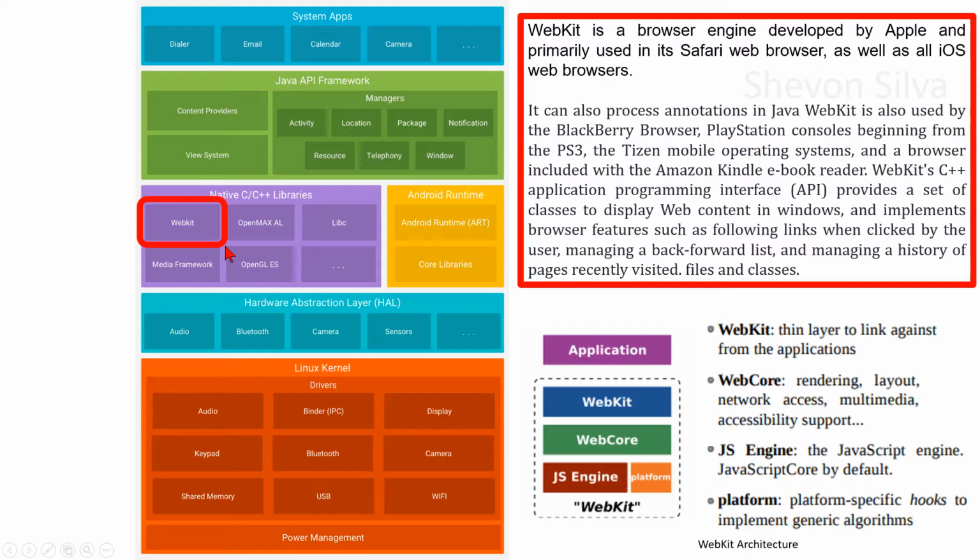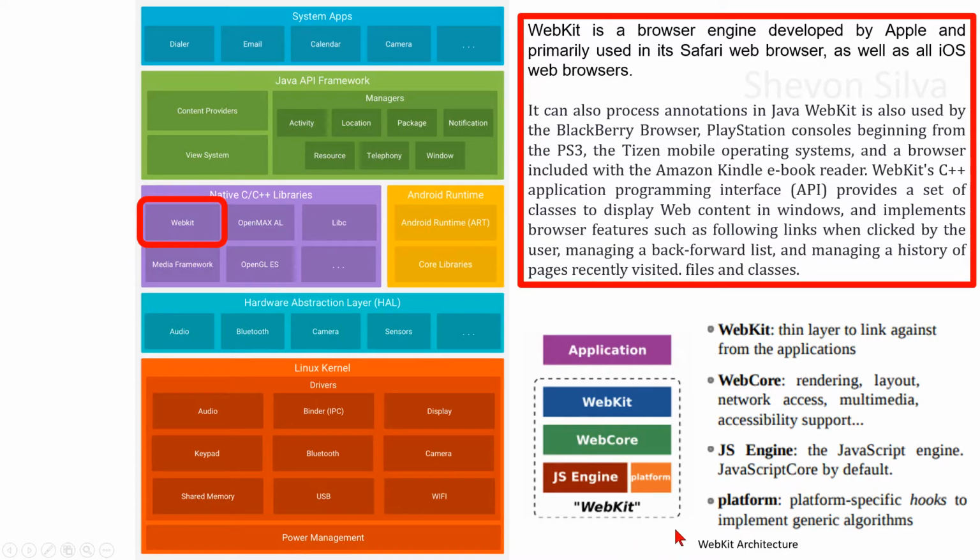WebKit's C++ application programming interface (API) provides a set of classes to display web content in windows and implements browser features such as following links when clicked by the user, managing a back-forward list, and managing a history of pages recently visited, files and classes.